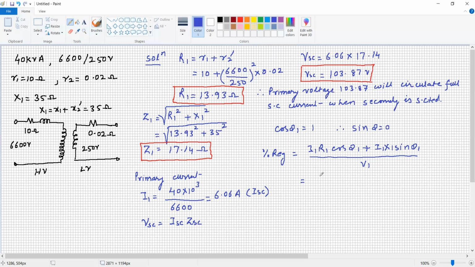So here the full load current is 6.06 into resistance 13.93 plus 0, divided by the voltage 6600. Okay, so percentage regulation is 6.06 multiplied by 13.93 divided by 6600 into 100.